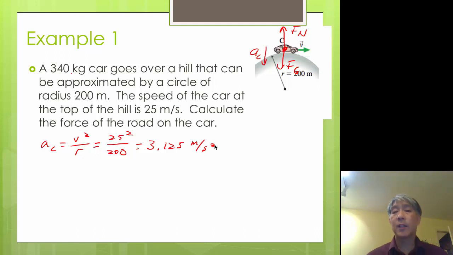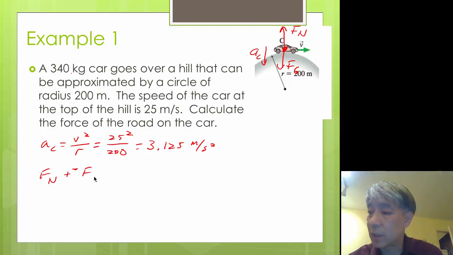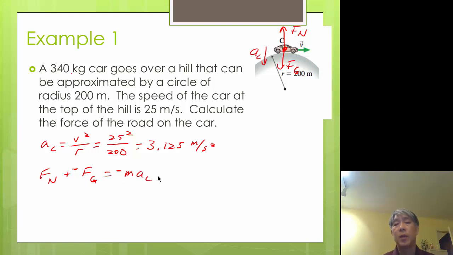Okay, so that's my acceleration. And my two forces must add up to my mass times that acceleration. Basically in this case, I would have Fn plus negative Fg, negative because it's going downwards, and that's going to equal negative mac. Again, negative because my acceleration is downwards.